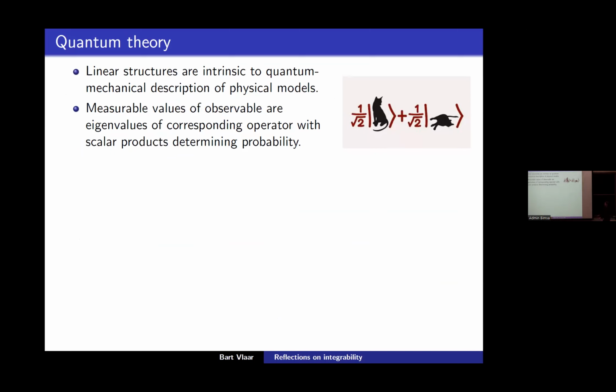It has to be a self-adjoint operator on a Hilbert space. The measurable values of an observable are eigenvalues of this operator. That's how you make the connection. And the scalar products that you can calculate between states determine the probability of that measurement occurring.